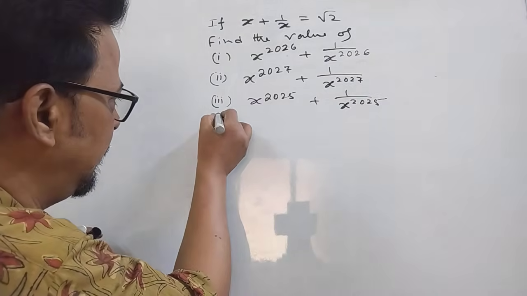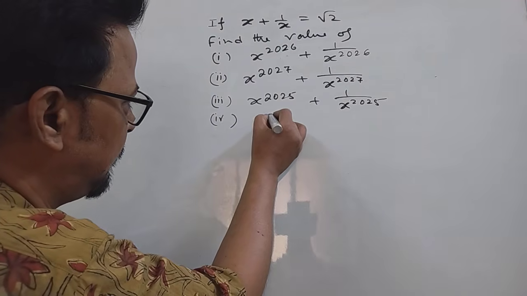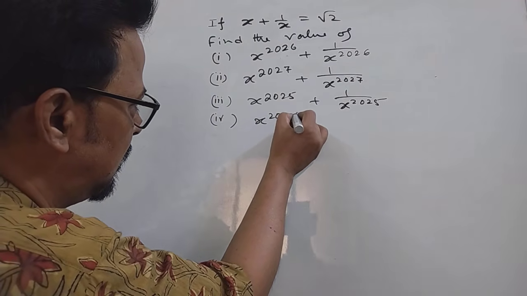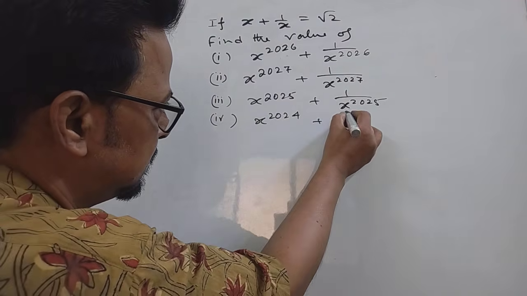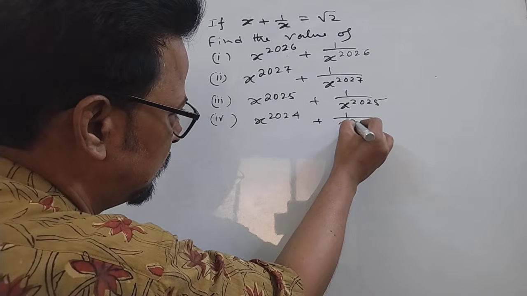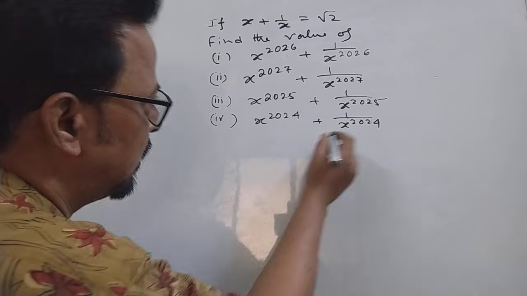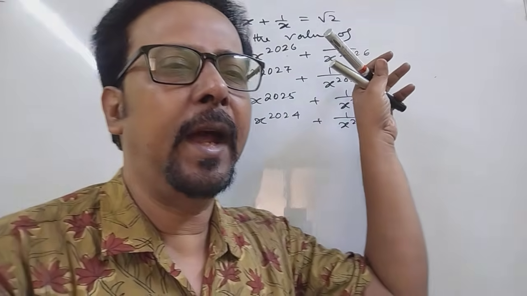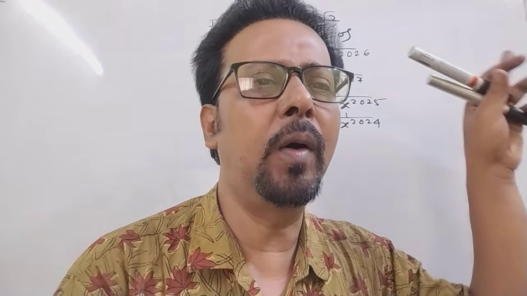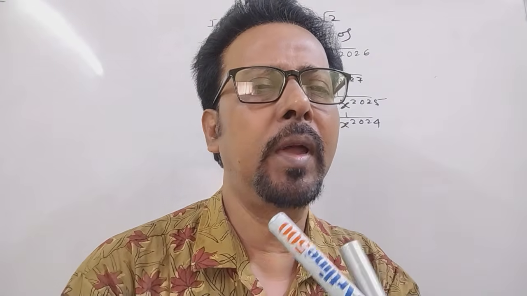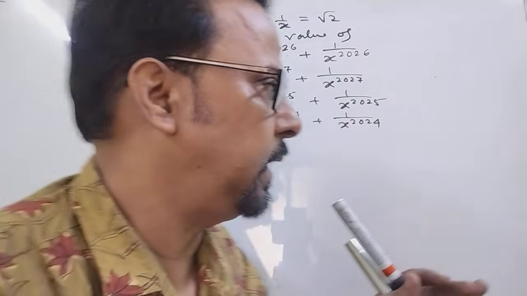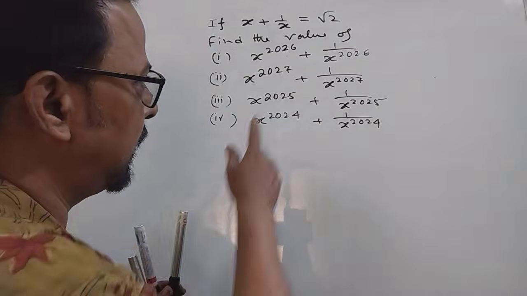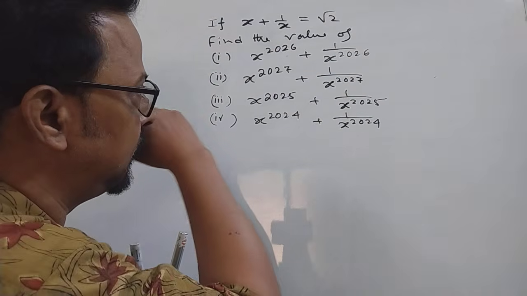Or it may be x to the power 2024 plus 1 by x to the power 2024. So from this you can find this higher power just using a plus b whole square or a plus b whole cube. Okay?